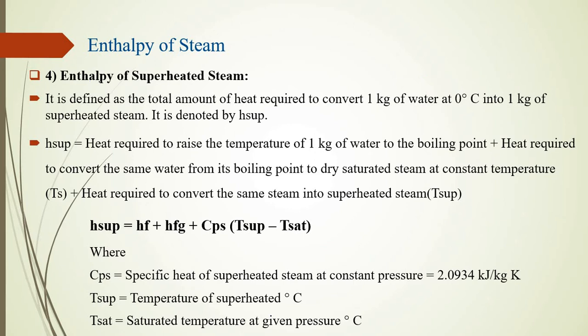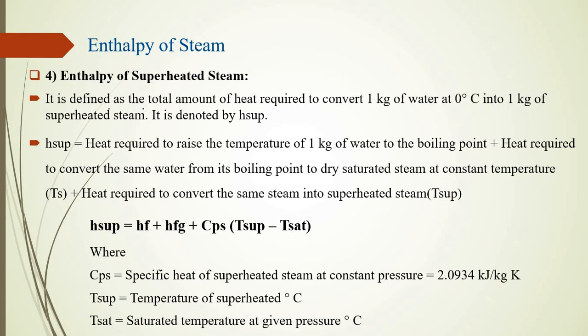Then the enthalpy of superheated steam. When liquid or water is converted into steam at 100 degrees centigrade, and we then give more and more heat to the steam, the steam is converted into superheated steam. There is no liquid particle available, it is 100% pure steam.